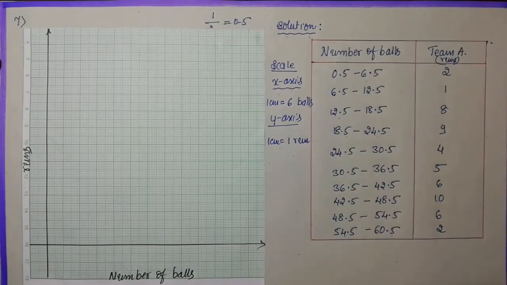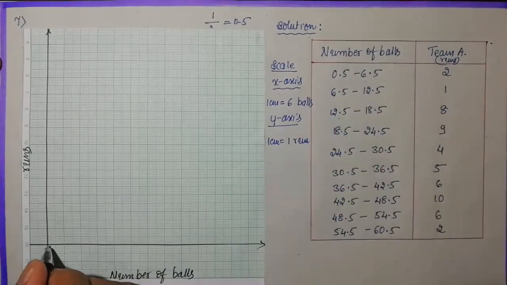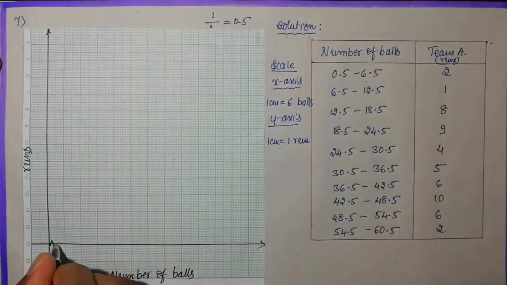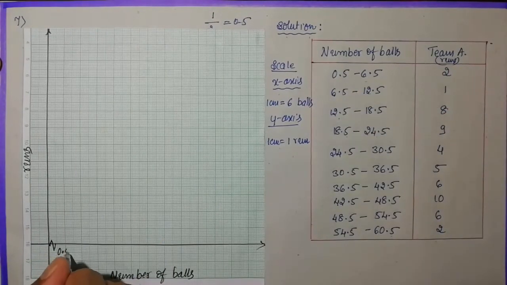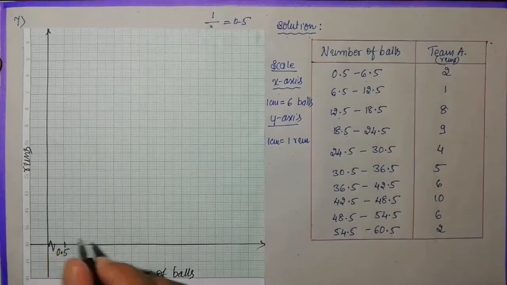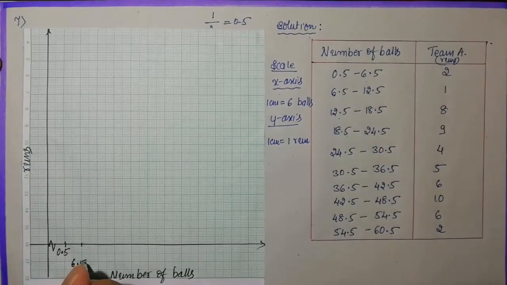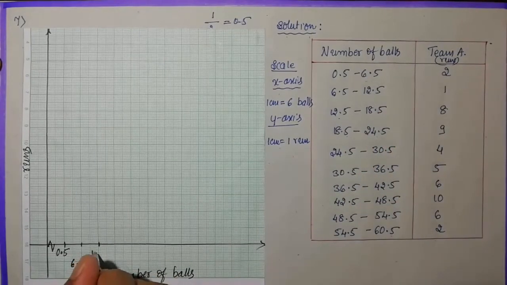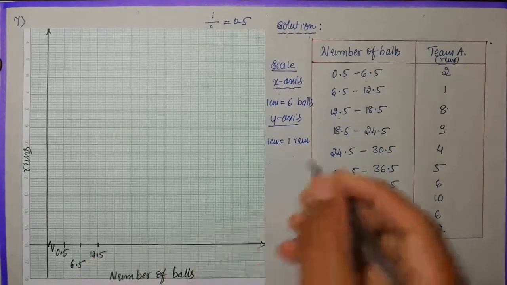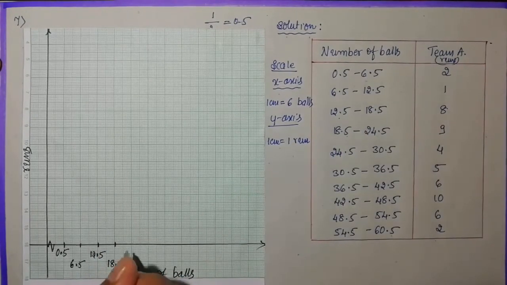So now I'm going to mark here. Look at here, it is not 0. Since the lower limit is not 0, you need to show a break like this. After that, here it is 0.5. Next 6.5, and the next you need to come here 12.5. Okay, 12.5, next 18.5. Just look at the table, 18.5.